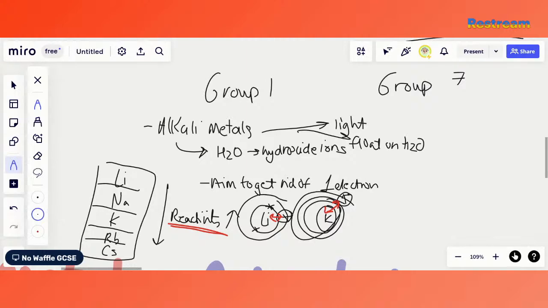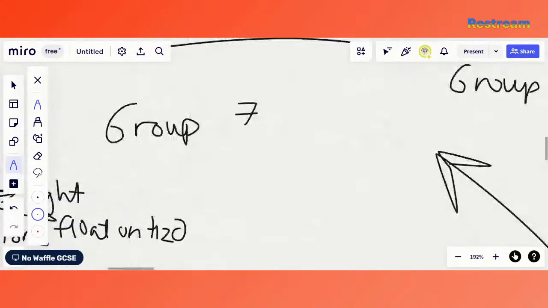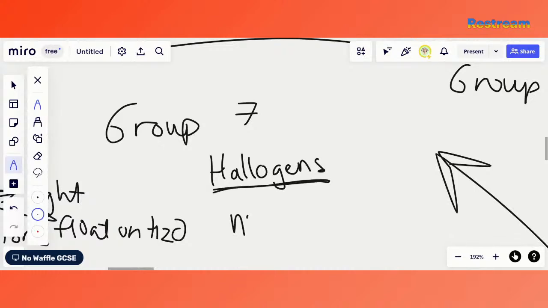Now let's look at group 7. So group 7 are what we call the halogens. So the halogens are all non-metal elements.